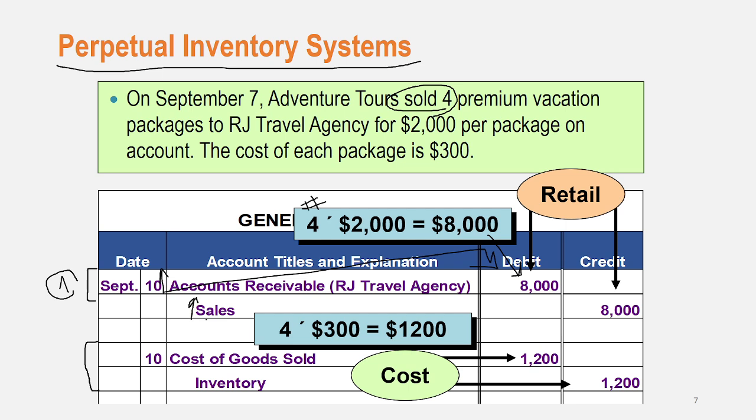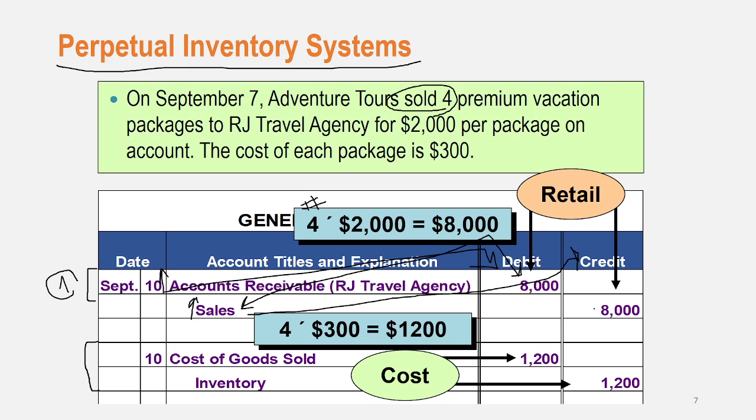In fact, in a merchandising company, instead of revenue, we say that sales take place. So this 8,000 is the amount of increase in sales, and an increase in sales should be considered a credit. So sales is credited by 8,000. This is the summary of the first level of recording the selling.